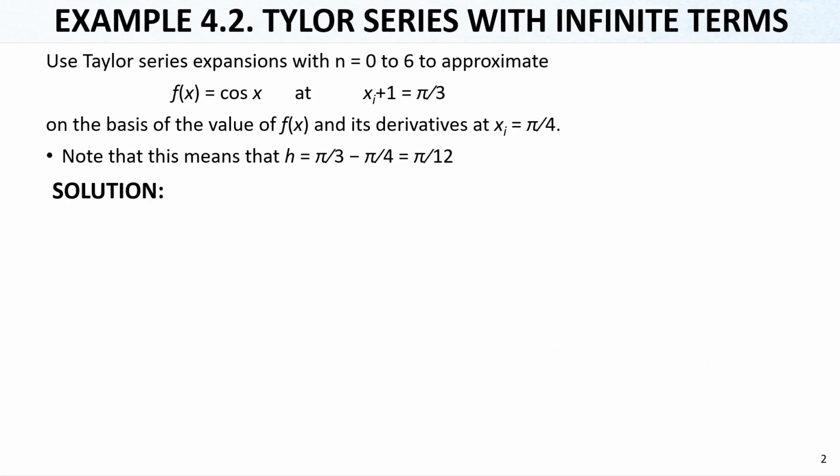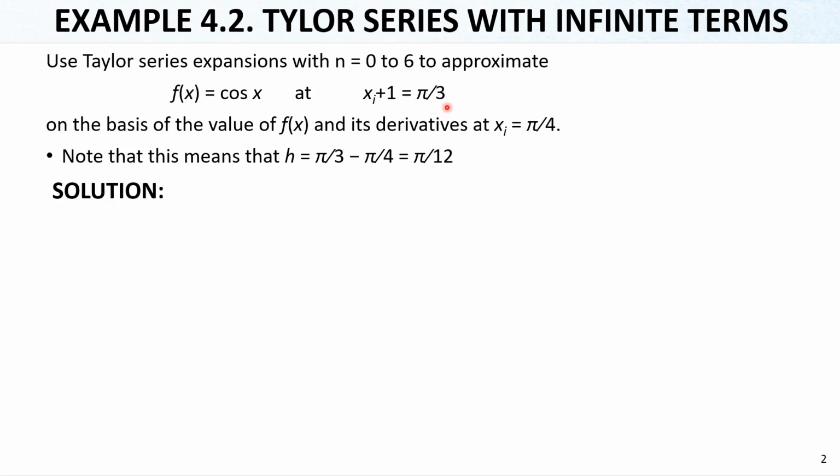We are going to solve an example for the Taylor series with infinite terms. As we said earlier, for functions such as cosines, sines, or exponentials, the Taylor series doesn't give an exact result if we truncate some terms. So we will investigate this by using a cosine function, as you can see here. And for this function, we will use the Taylor series between n equals 0 to n equals 6.